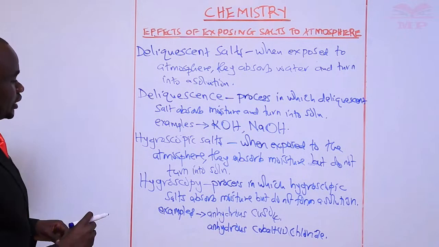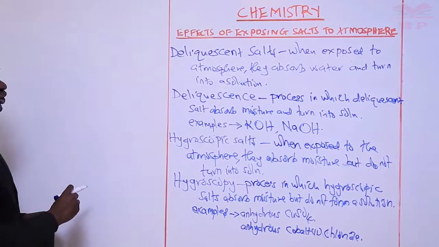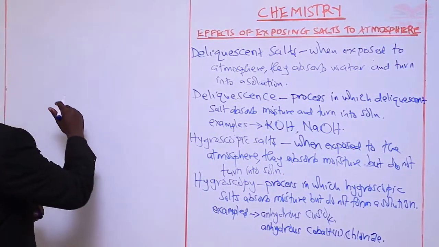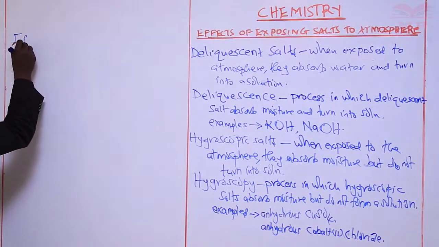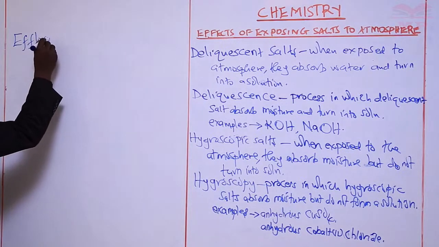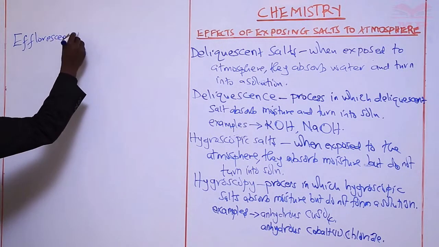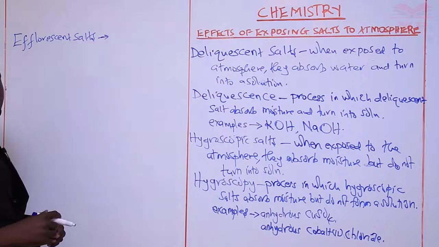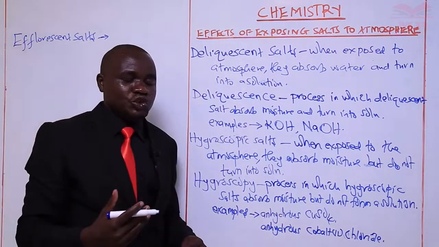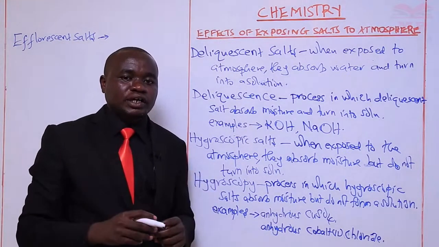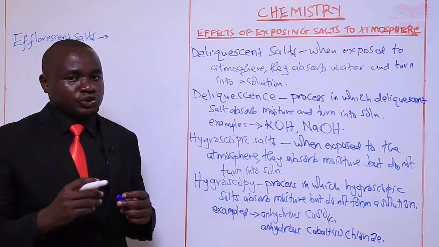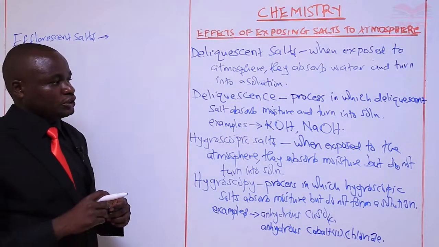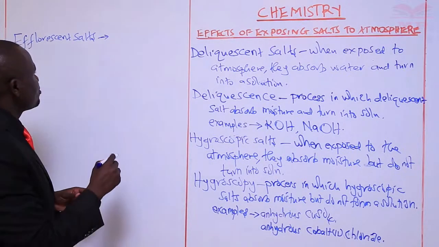The last category of salts, we call them efflorescent salts. So efflorescent salts are salts which, when exposed to the atmosphere, they lose water of crystallization and turn into powder.